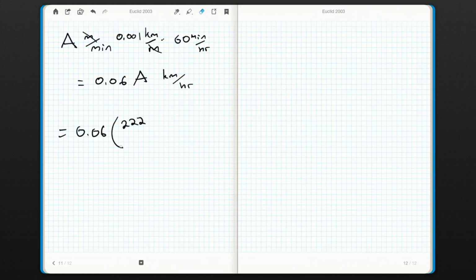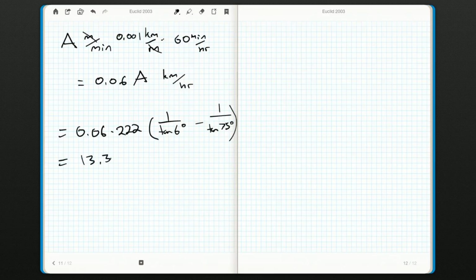I can take out a factor of 222. Now it's just 1 over tan 6 degrees minus 1 over tan 75 degrees. Well, 0.06 times 222, that's 13.32. And now, here's where we have to really round.